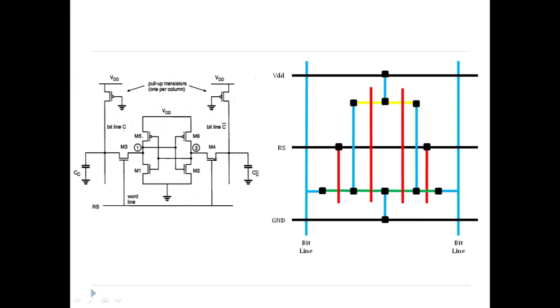So the base rails, VDD at the top, ground at the bottom, RS halfway down, and you start with the left hand transistors M3, M1, go on connecting them, M2, M4, and then it is connected to the bit line. So you complete this connection. After this, you connect this. Once you are done with this, the NMOS part is done. Of course, you can connect this also if you want. Then you are done with the lower part of the circuit. Of course, you need to connect this to ground. So the lower part of the circuit is done.